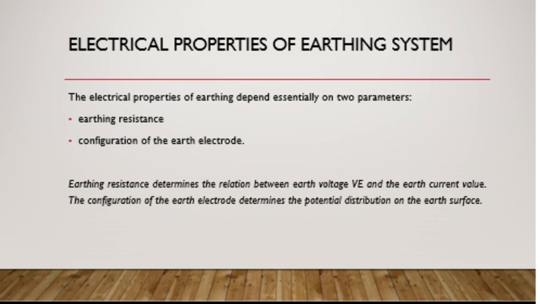Depending upon the configuration of the earthing electrode, the earth surface potential Vx that we discussed in the basic definitions will also change. So both of these things are responsible for determining the electrical property of the earthing system: one is earthing resistance and the other is the configuration of the earth electrode.